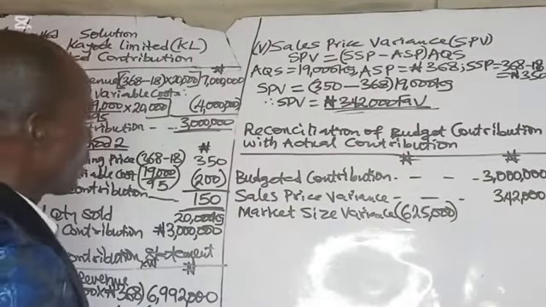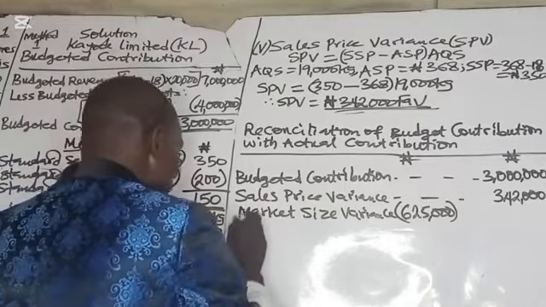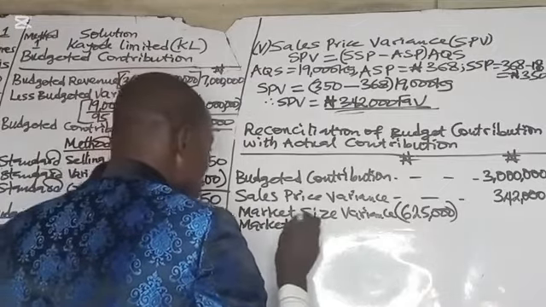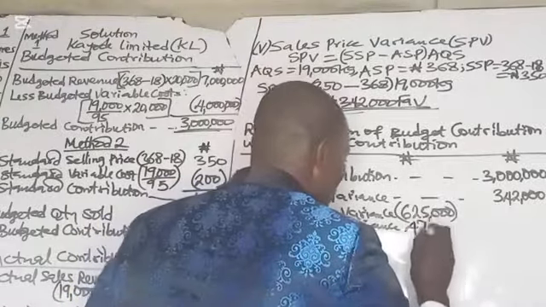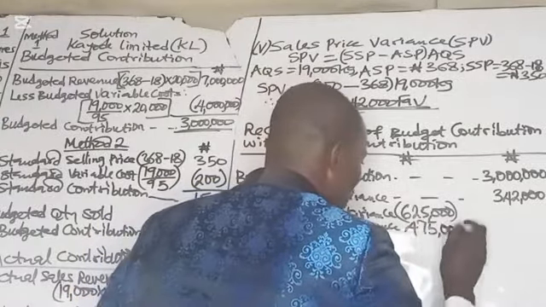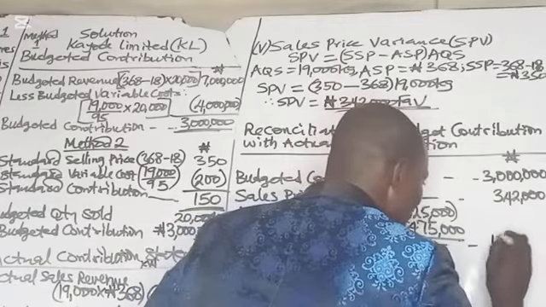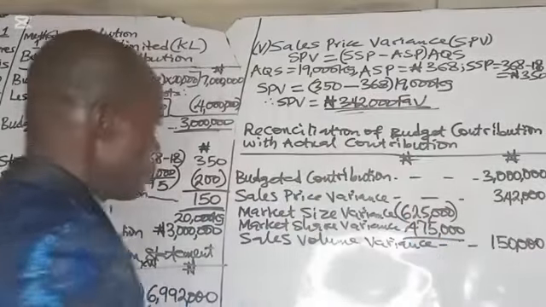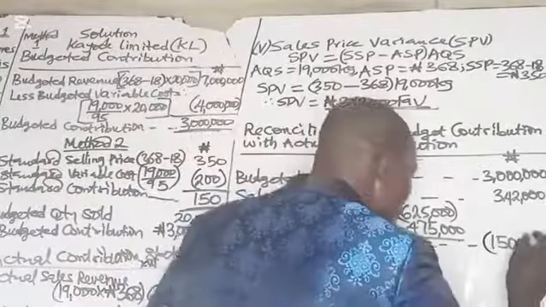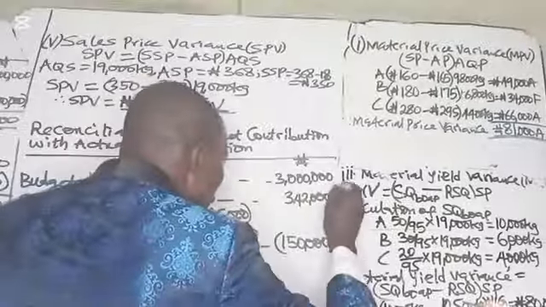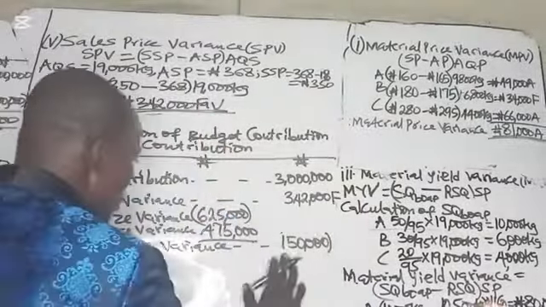Then we also have market share variance, and that is a favorable variance of 475,000. The sum of the two will be 150,000, which is equal to the sales volume variance. Sorry, this will be adverse, rather, 150,000 adverse. And let me just indicate favorable or adverse. This is favorable. This is adverse. But adverse is negative, minus.